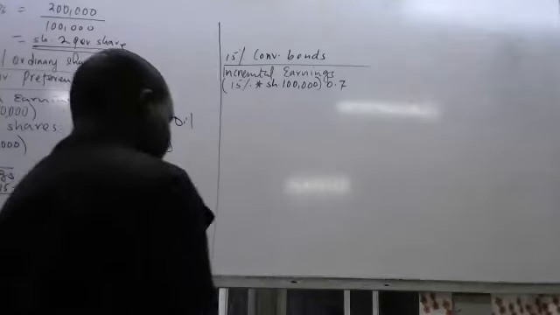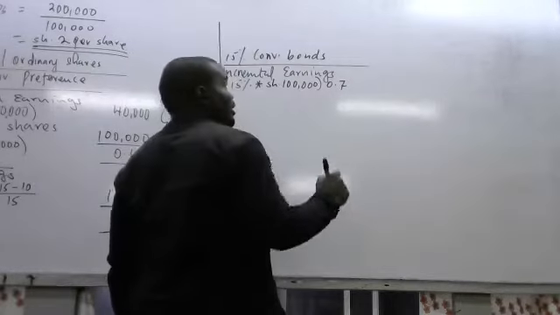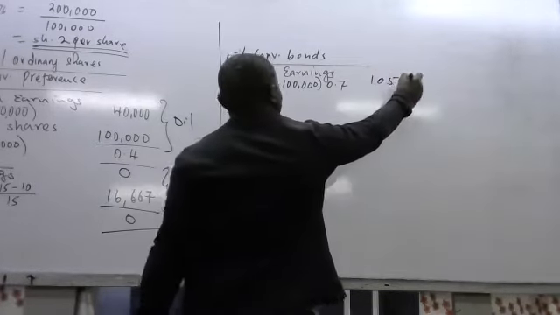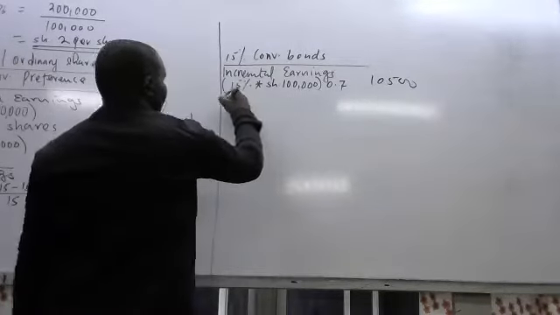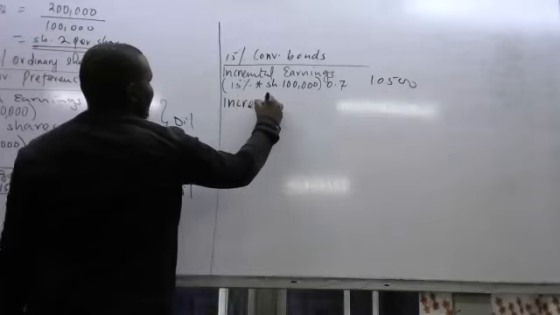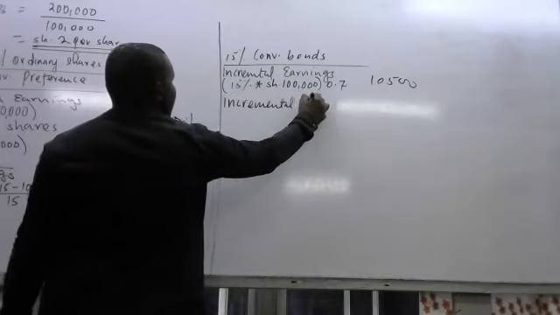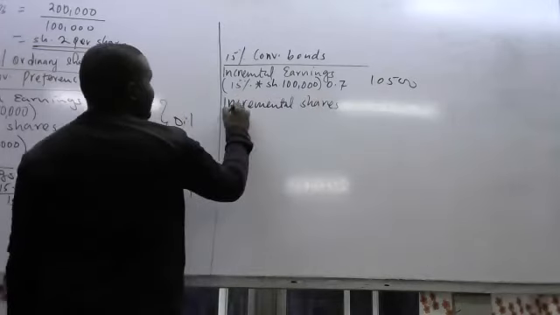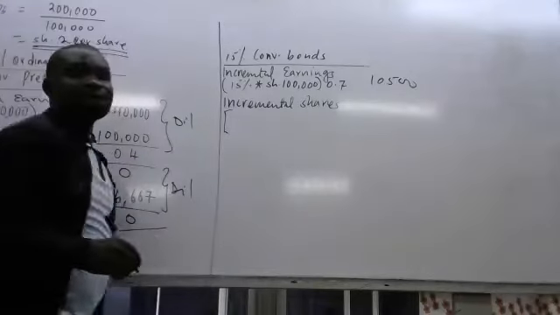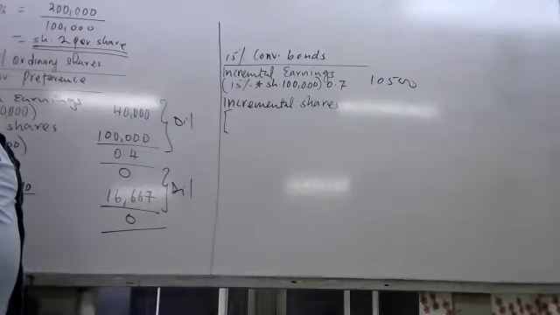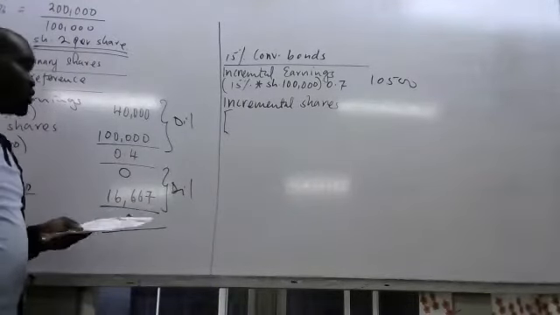You get 10,500. Then incremental shares. What is the policy?